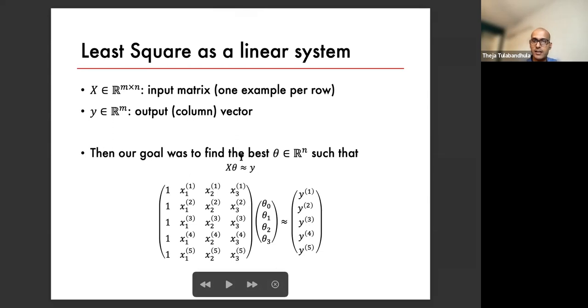The squiggly equality is just an informal notation; you don't have to write it this way. It's just saying x times theta, we want it to be approximately close to that little y vector, which is, in this example, 5 dimensional.